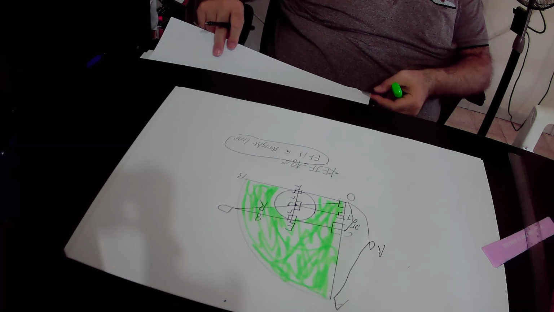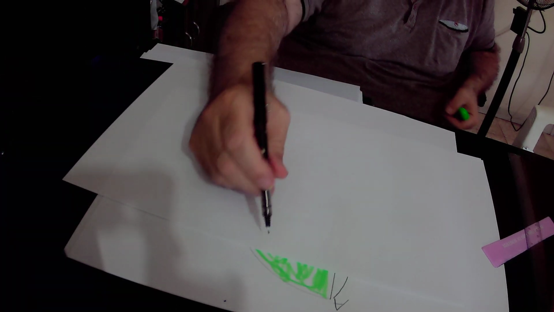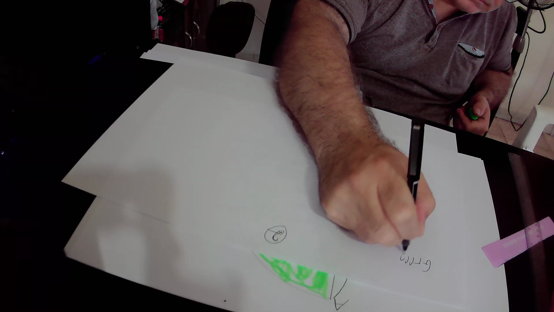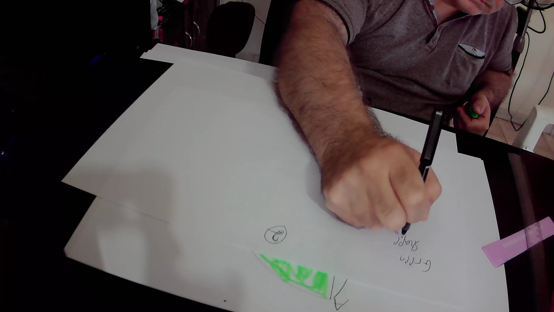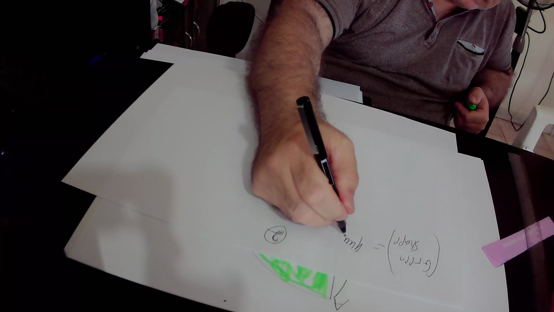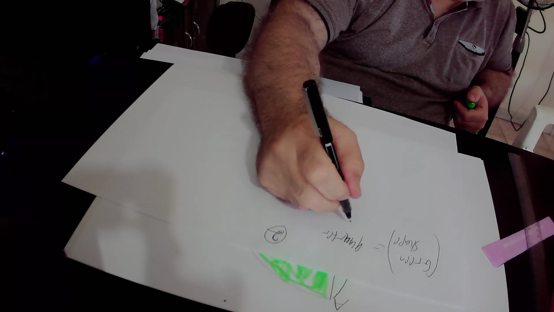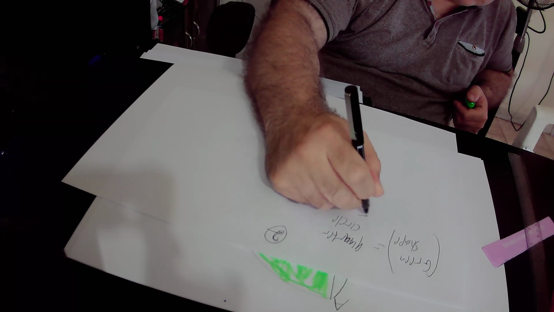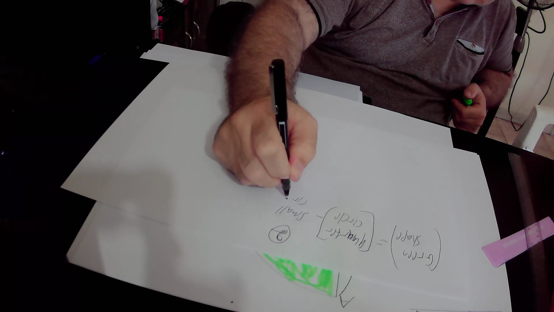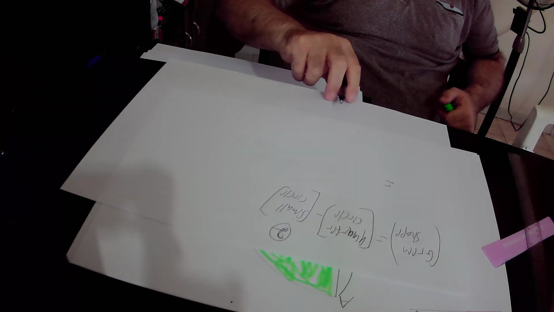The area of the green shape is equal to the area of the quarter circle minus the area of the small circle.